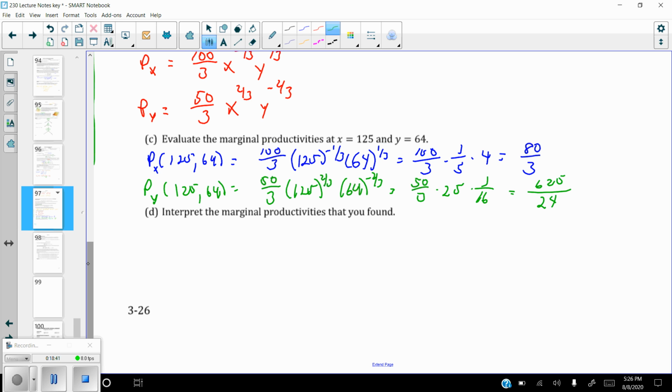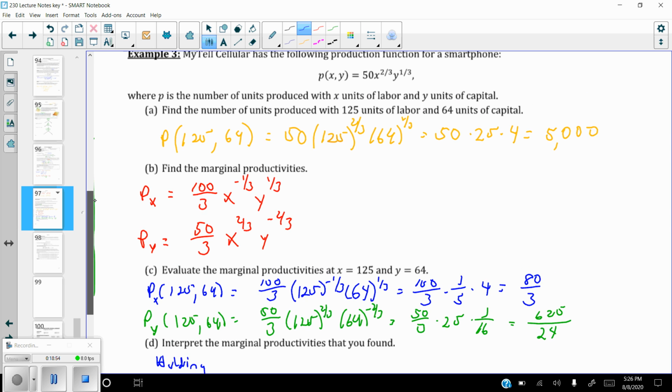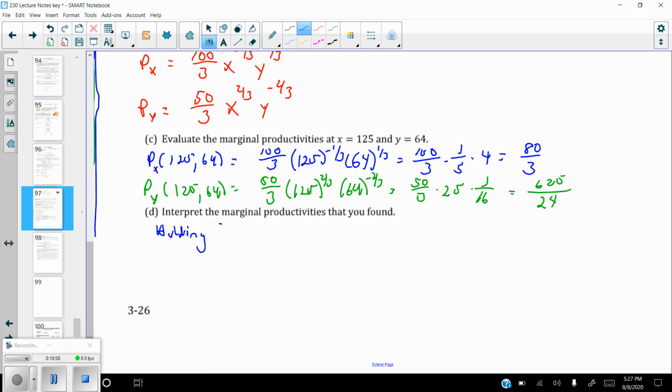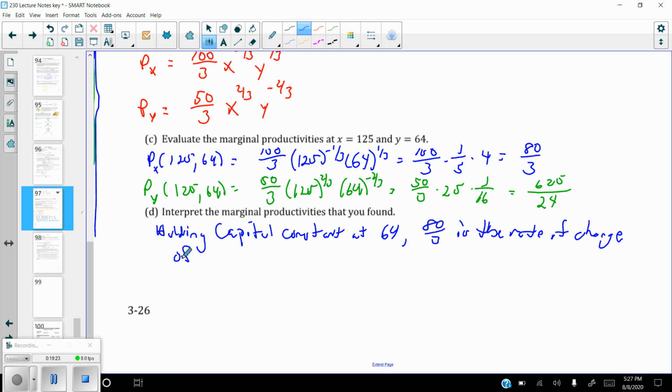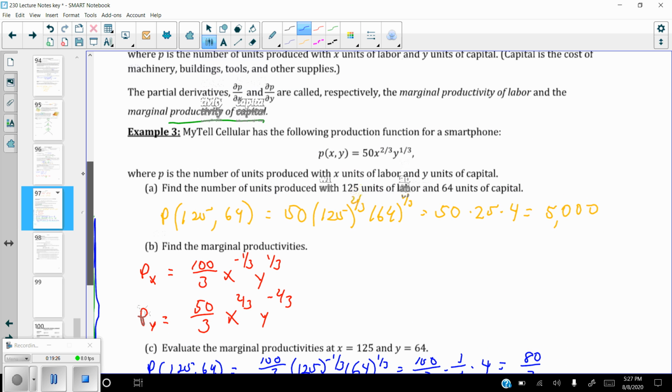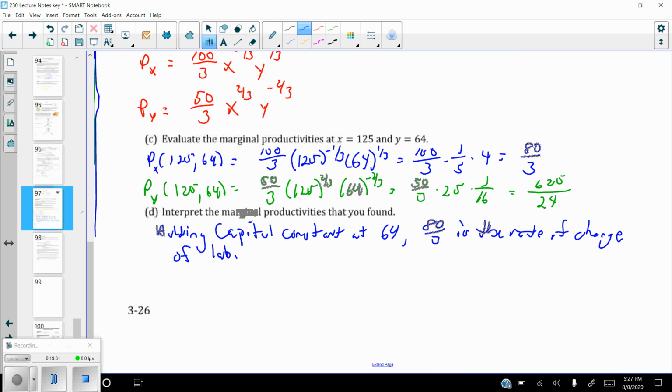So in part C, holding the capital productivity, so holding capital constant at 64, 80 thirds is the rate of change of labor at x equals 125.